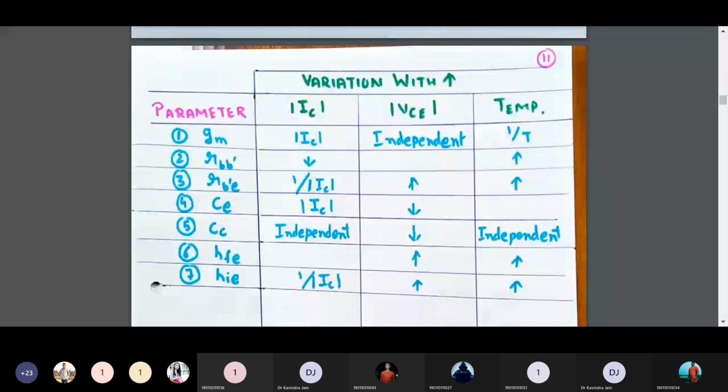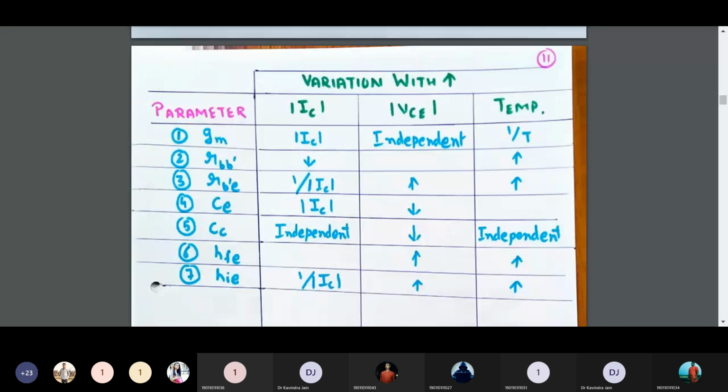Initially, note down that an increase in VCE would lead to a decrease in effective base width. I hope you have written this line.